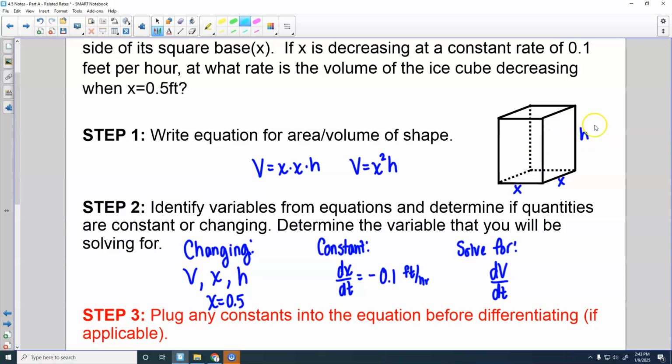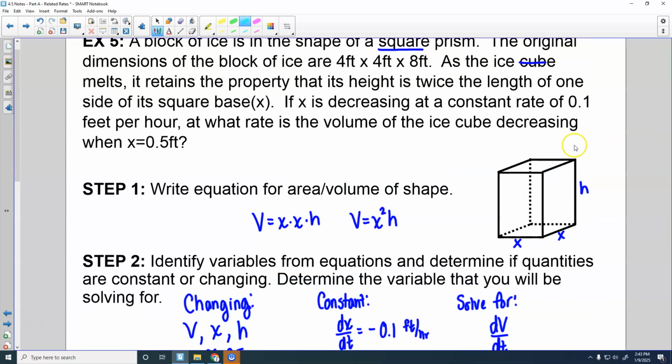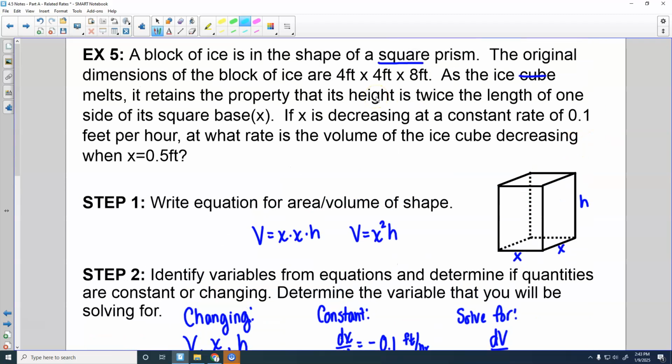In this right here, they told us that this retains its property that its height is twice the length of one of the sides of its square base. So the height is 2x, right? So if I go back and I decide maybe instead of h, I'm going to call this 2 times x.